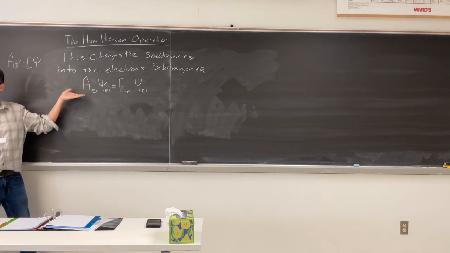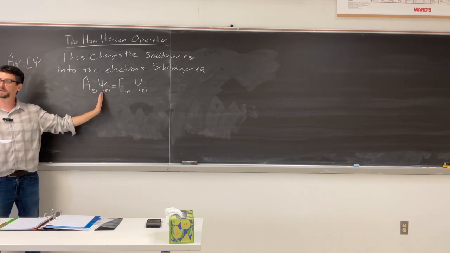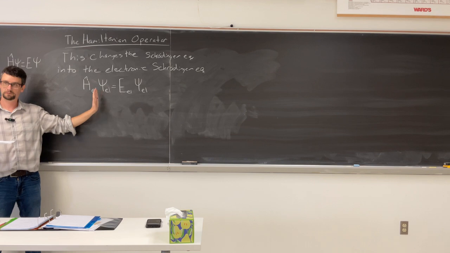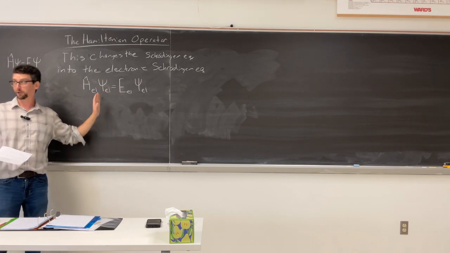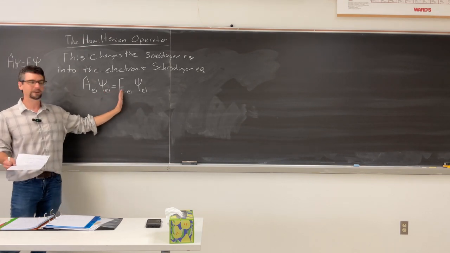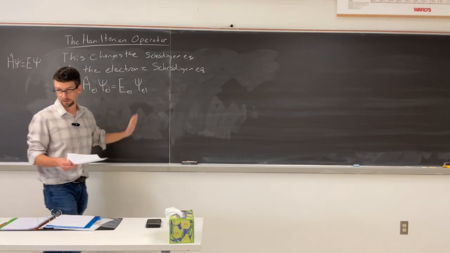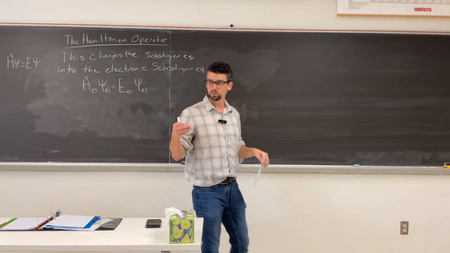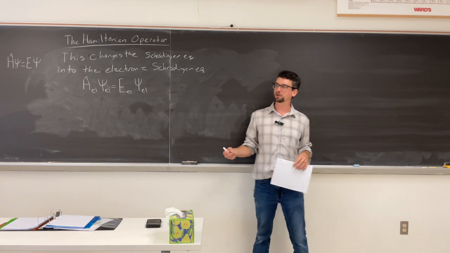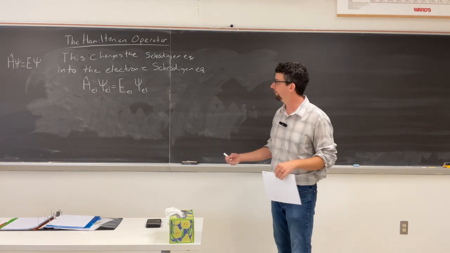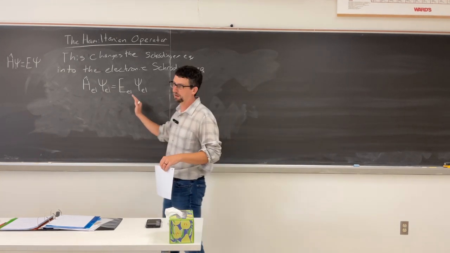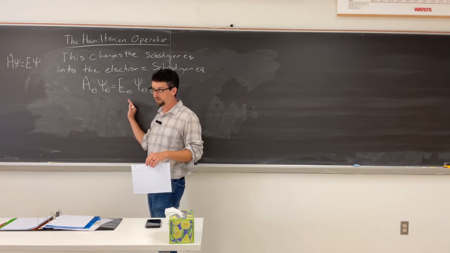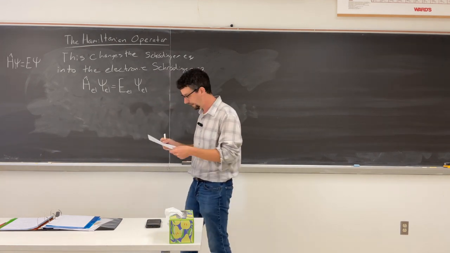This is the electronic Hamiltonian. What is our psi here? The electronic wave function. And what is this energy? The electronic energy. So when eventually we use our computers in class and for daily problems, you're going to be computing electronic energies, and that's what you're really calculating in this case.